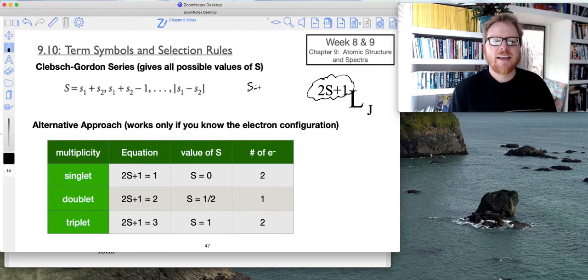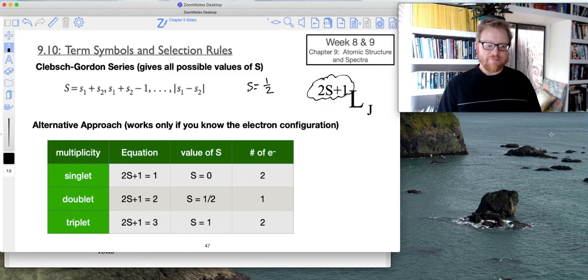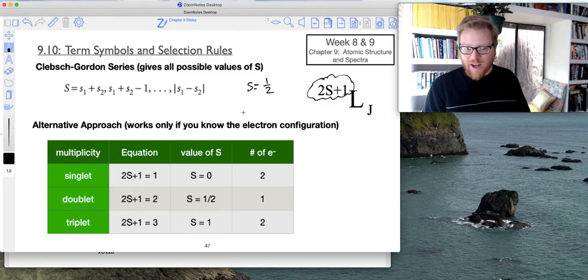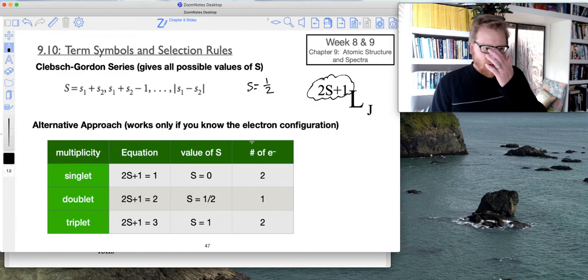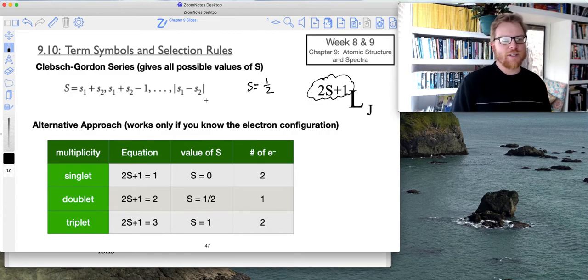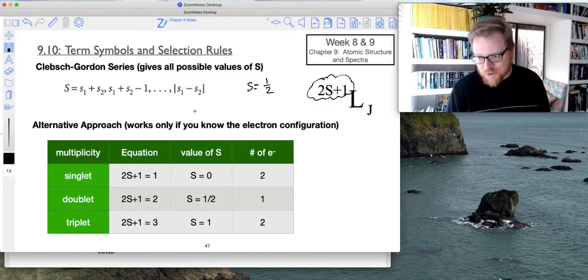And S can only be 1/2 for an electron, right? So when you start going through these possibilities, depending on the number of electrons that you get, there's only certain values that you're going to have. Basically 1 or 1/2 or 0. Okay? So let's go through that.